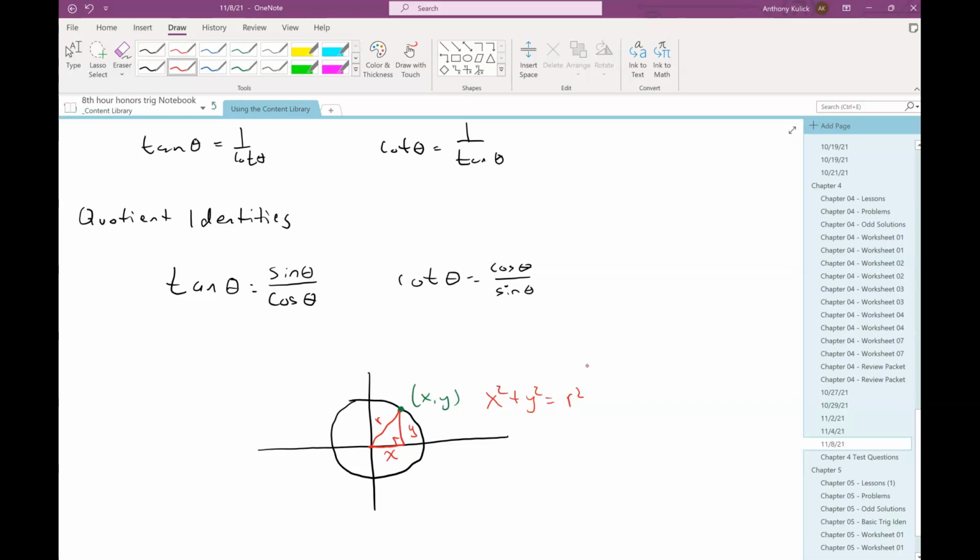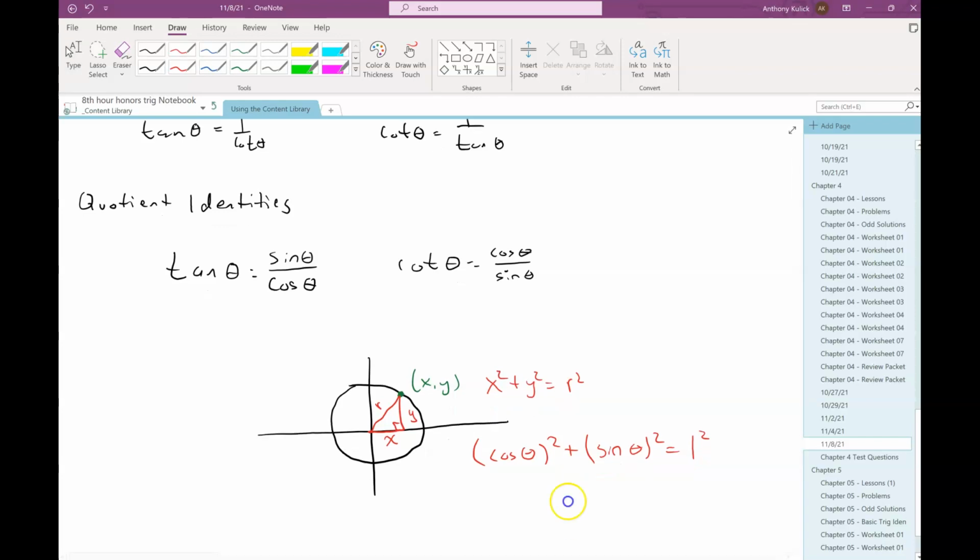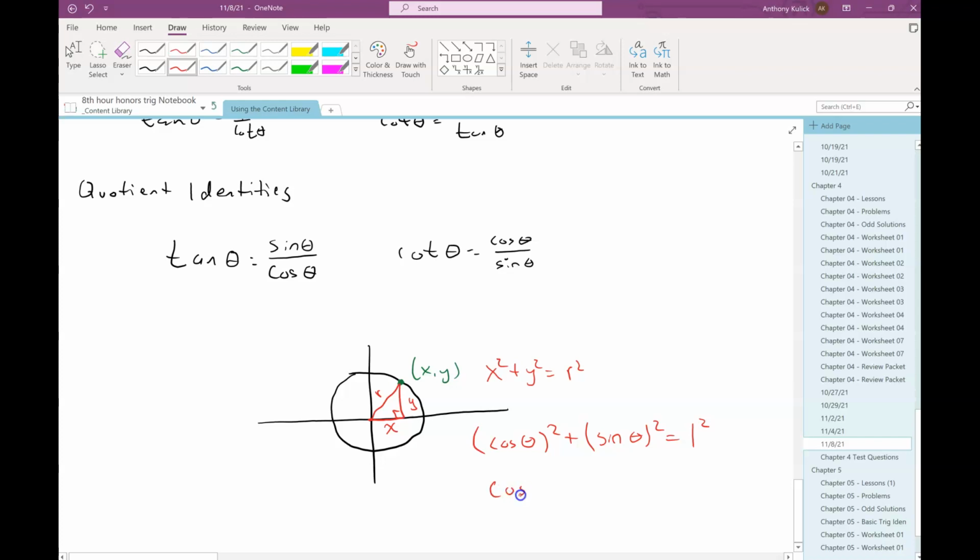Anytime I have a circle and I pick a point on the circle, that's got to be true. Okay, well, on the unit circle, x is cosine theta, y is sine theta, and r is 1. The radius is 1. So we can say that cosine squared theta plus sine squared theta is equal to 1.